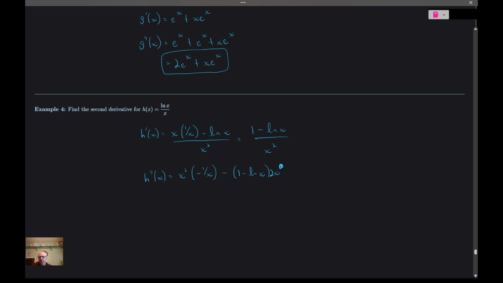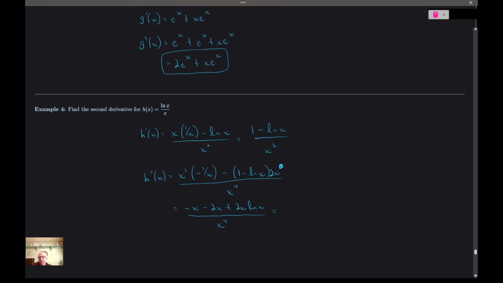That'd be 2x. All over the bottom squared, x squared squared is x to the 4th. So then distribute or multiply this out. So we get negative x there minus 2x plus 2x ln x over x to the 4th.